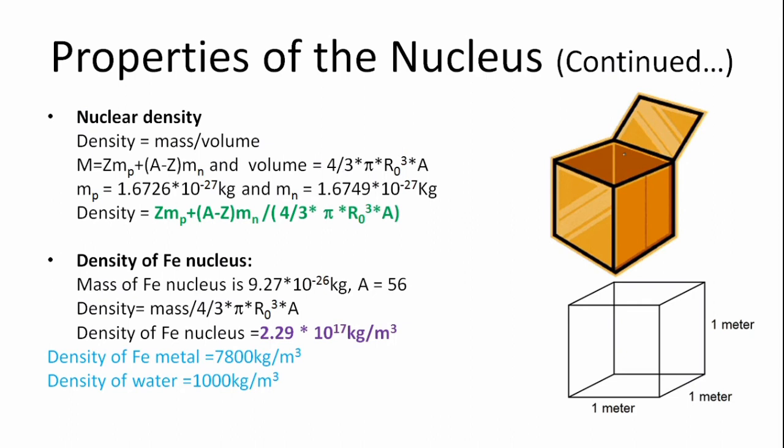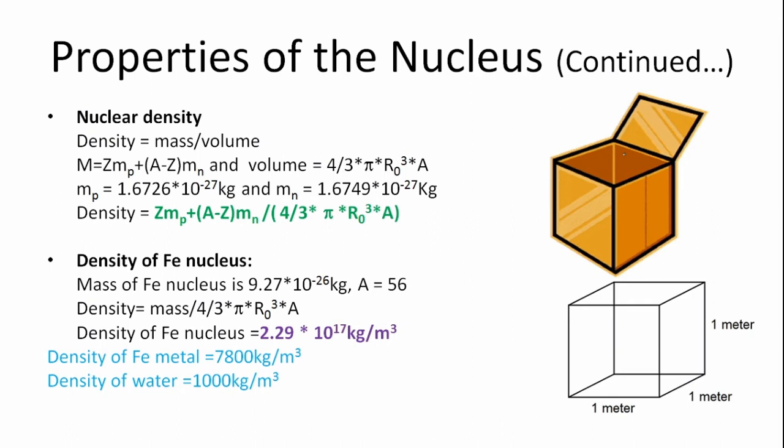We know that from the mass spectrograph we can measure the mass of an iron nucleus, which is about 9.27 into 10 power minus 27 kg. We also know that the mass number of iron is 56.